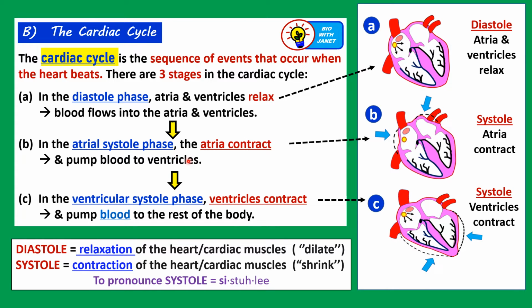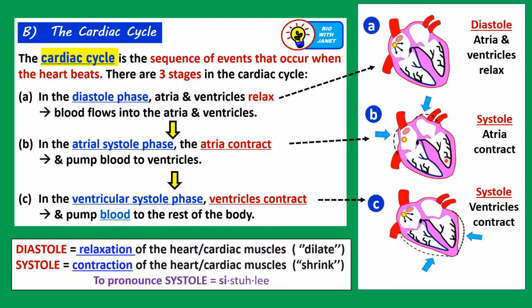In the atrial systole phase, the atria contract. Atrial means atria, systole means contraction. The two atria, the right atrium and the left atrium, contract together to pump blood to the two ventricles below.